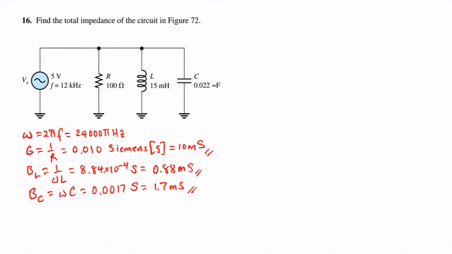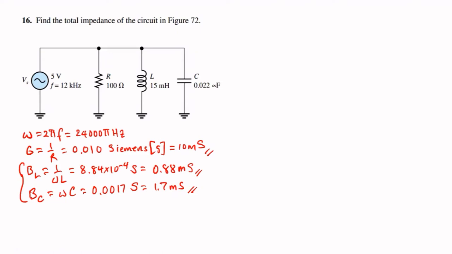We see the conductance has the largest value, while the susceptance has about 1.7 and 0.88 for the capacitive and the inductive susceptances. And since these two susceptances are 180 degrees out of phase, these values will cancel each other out.